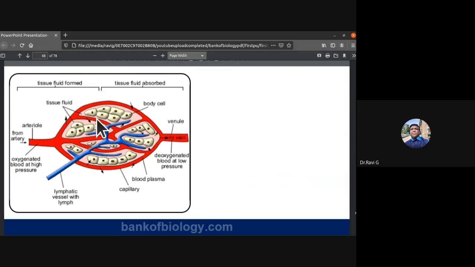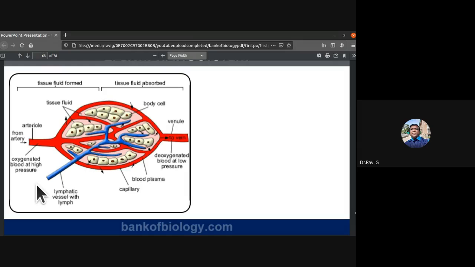From the capillaries, when the blood is passing through the tissues, some of the plasma diffuses into the interstitial spaces, so the interstitial fluid has the same minerals as that of plasma. This we call the interstitial fluid.